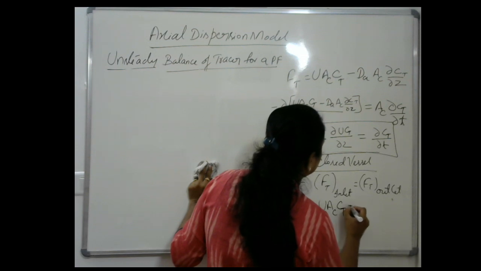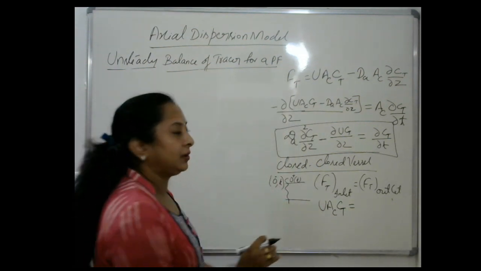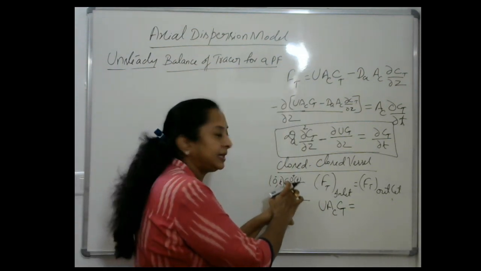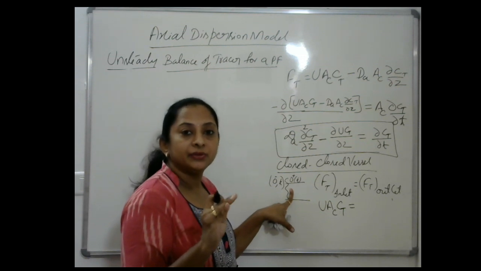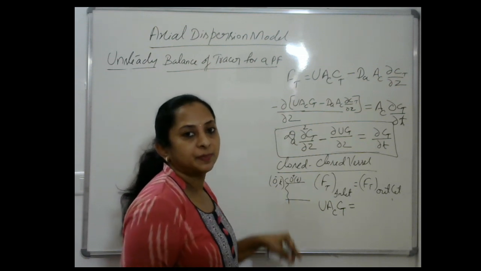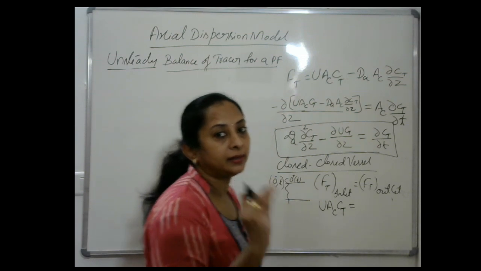But at the outlet, along with this U A_c C(t), there is something else, that is dispersion. That is, there is diffusivity or dispersion. So I have to consider that term as well.